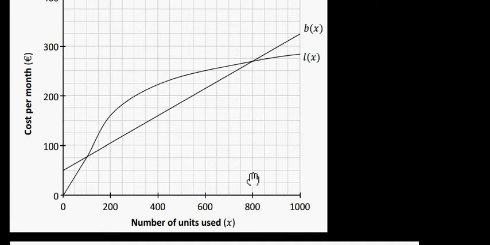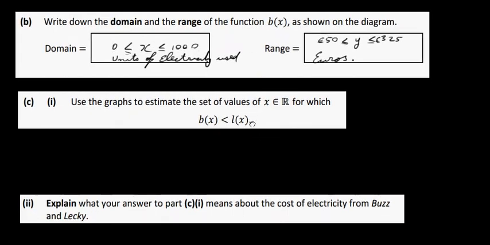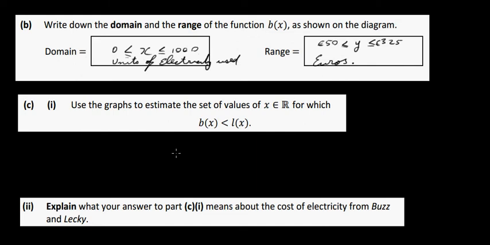We would talk about the set. They're wanting x values here, remember. Use the graph to estimate the set of x values. So x here would be greater than 100 and less than 800.